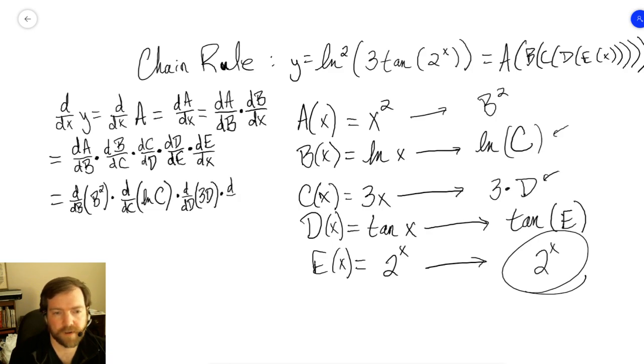Times d/de of the function d, which is the tangent of e. Times, last one, d/dx of 2 to the x.